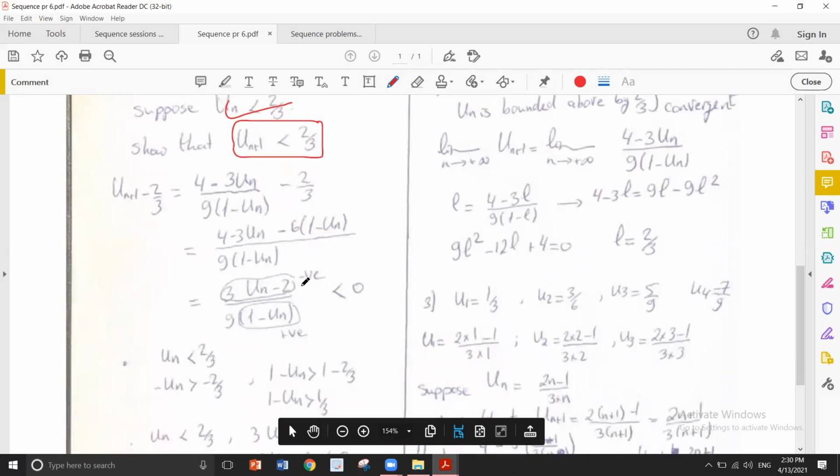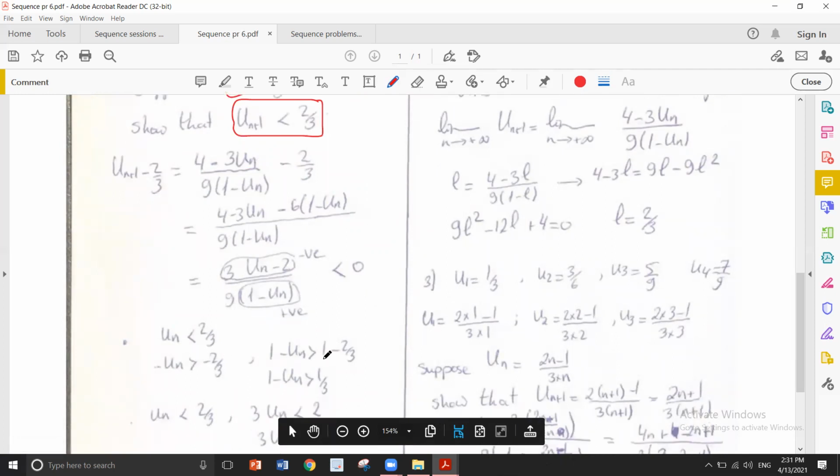I need to study its sign. I have to study the sign of the numerator and the denominator. Un less than 2 over 3, so minus un is greater than minus 2 over 3, then 1 minus un greater than 1 over 3, which is positive.